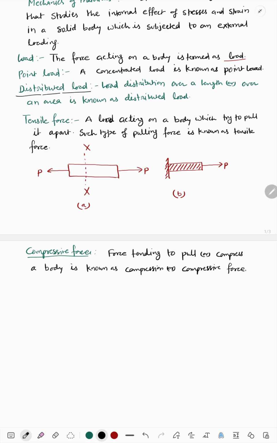What will happen in this situation is that the length of the member will shorten, reduce or contract.